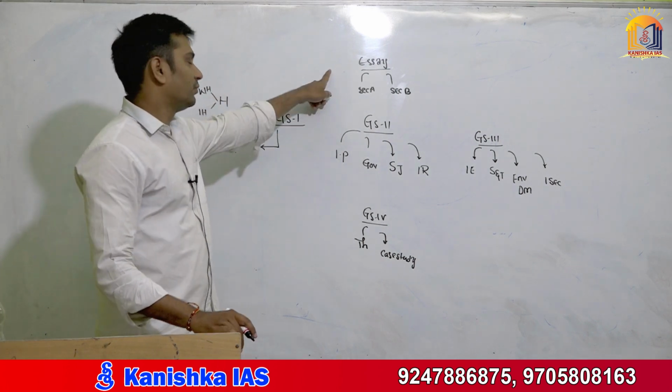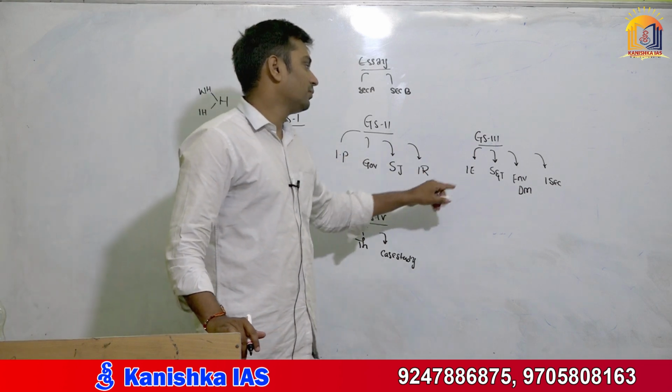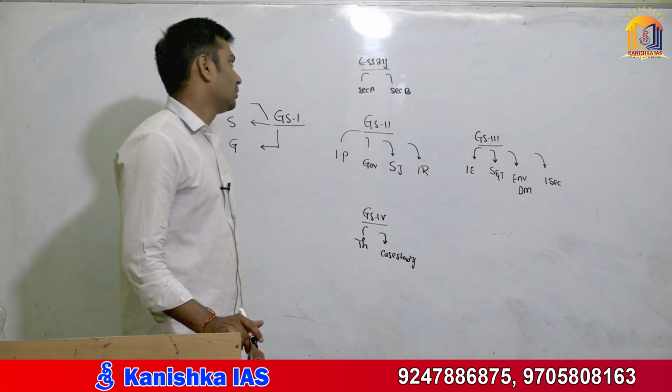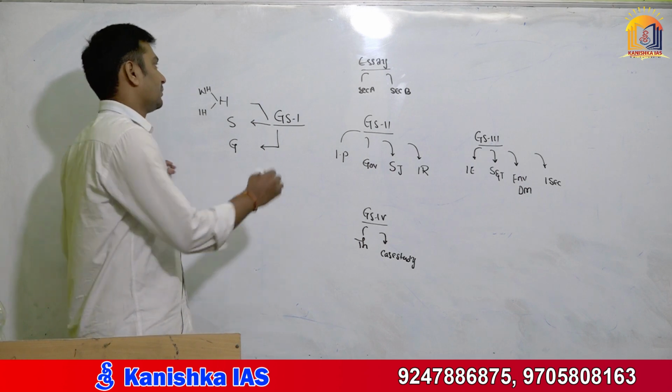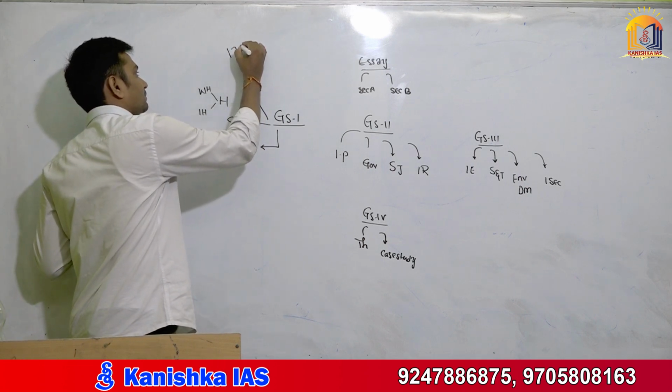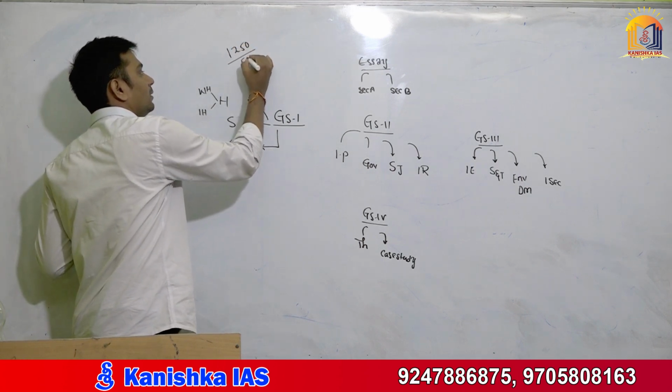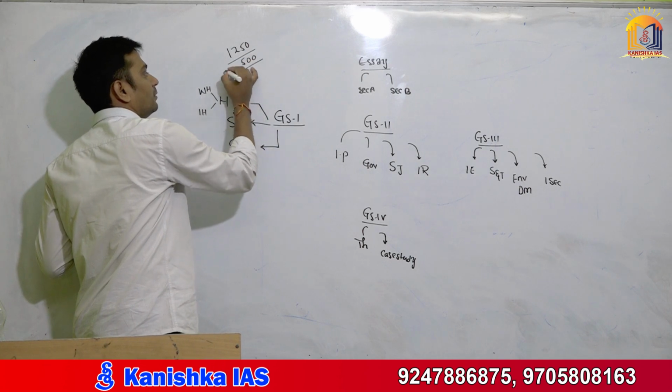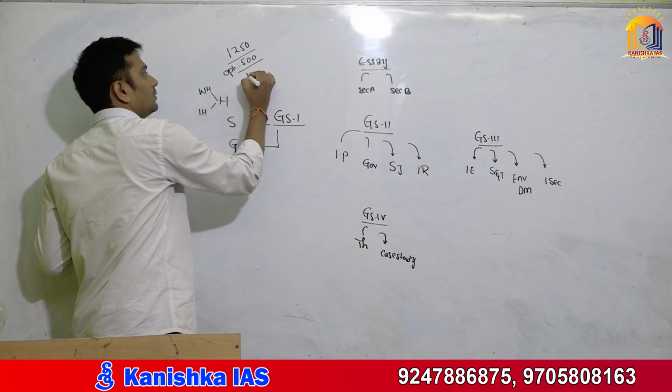So each paper is of 250 marks, 250, 250, 250, 250, 250, right? So 1250 marks is from here. And your optional has 500, making 1750.